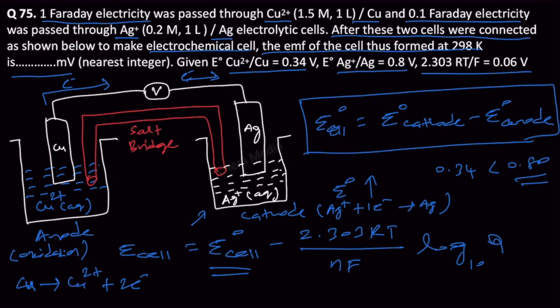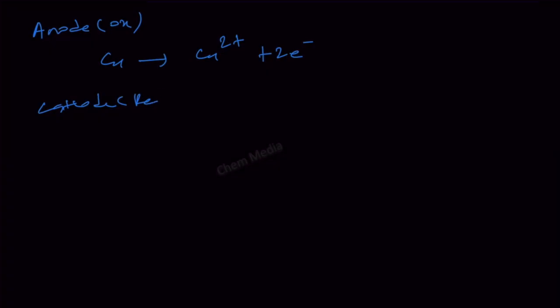Now let's come to the Q part. We mentioned that at the anode oxidation is happening, so Cu gives Cu2+ and 2 electrons, and at the cathode reduction is happening: Ag+ gains an electron and becomes Ag. To balance the equation, we have to multiply by 2 here.